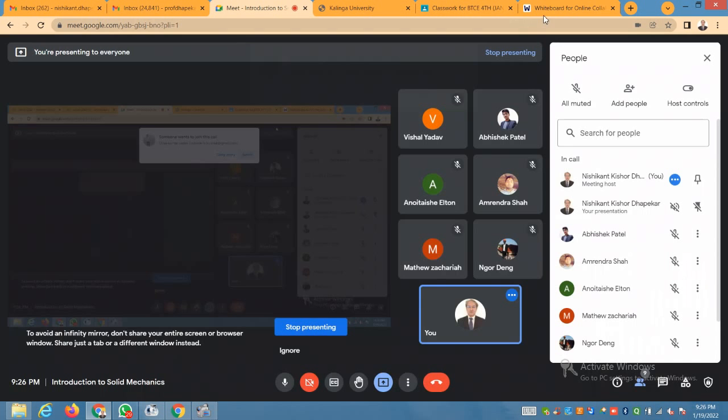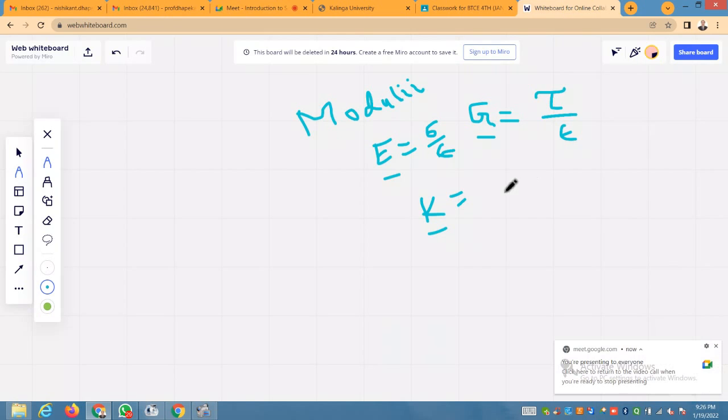Now, what is shear stress? What is shear strain? Now, this modulus of elasticity, yesterday I have explained you, is associated with the change in length.